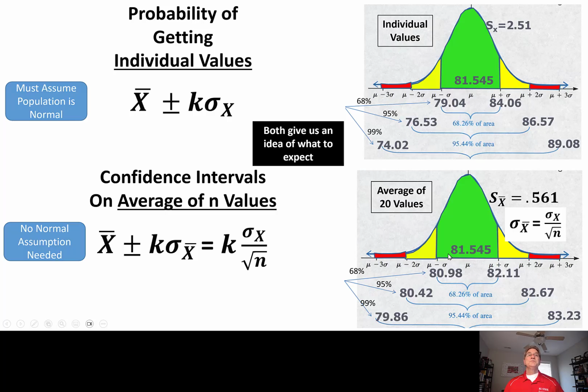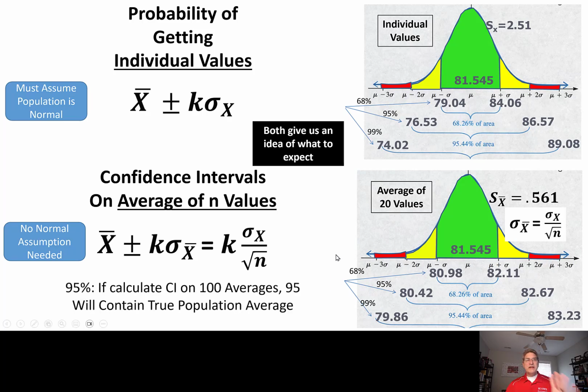Down here, it gives us what we can expect from an average of a certain number of values. And we're going to see this is really, really important. This is one of the core ideas used in statistical process control, where companies monitor their process. They know when they're producing bad by looking at that average and what happens.